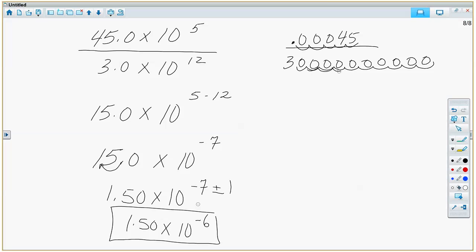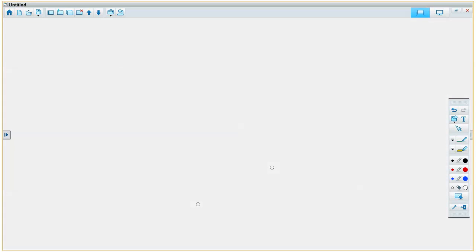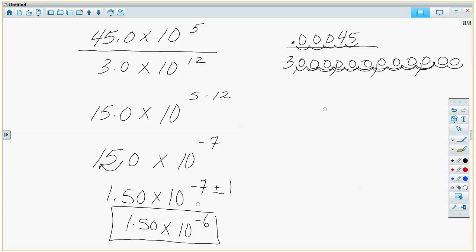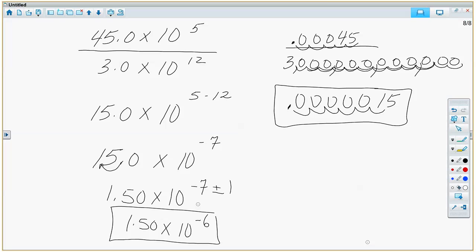One, 2, 3, 4, 5, 6, 7, 8, 9, 10, 11, 12. Million, billion, 3 trillion. You just took 0.00045 and you divided it by 3 trillion. And you got 5 zeros and 1 5.